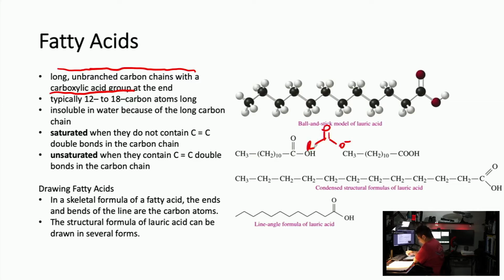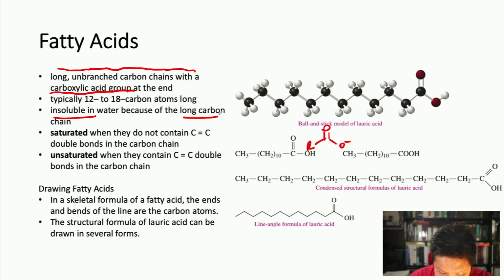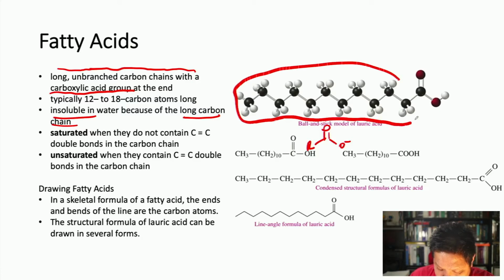Okay. They're insoluble in water because of the long carbon chain. It makes them very nonpolar on this big end, and not water soluble. But this end is actually very polar, as we already know, because that's a carbonyl, isn't it, right?